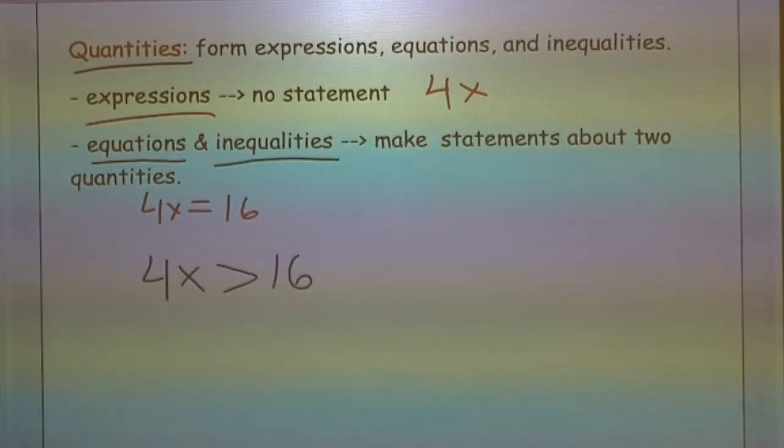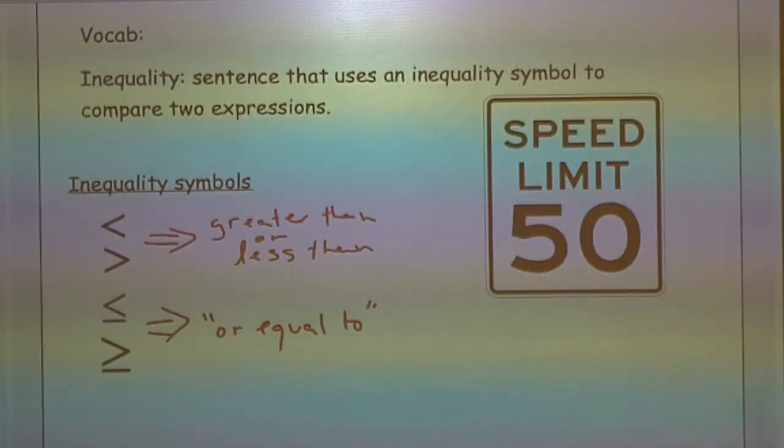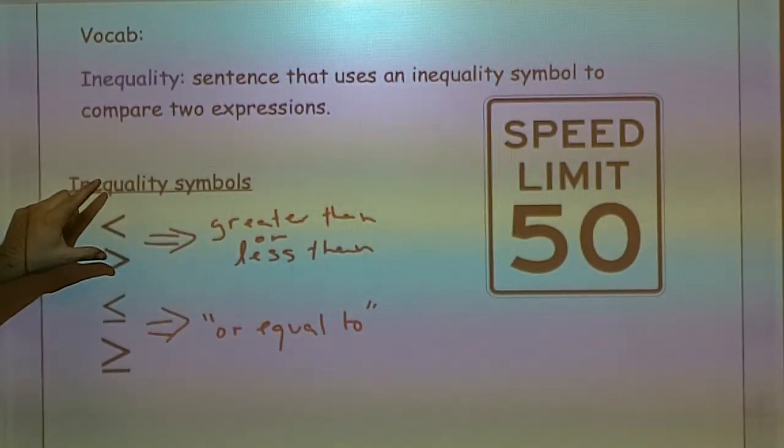Okay, our vocab definition: an inequality is any sentence that uses an inequality symbol to compare two expressions. Our inequality symbols should be a little bit of review. These 2 symbols can be either greater than or less than, depending on which way the alligator, so to speak, or the inequality symbol, is facing. Remember, if you think back to your early years of math, the alligator always eats the bigger number.